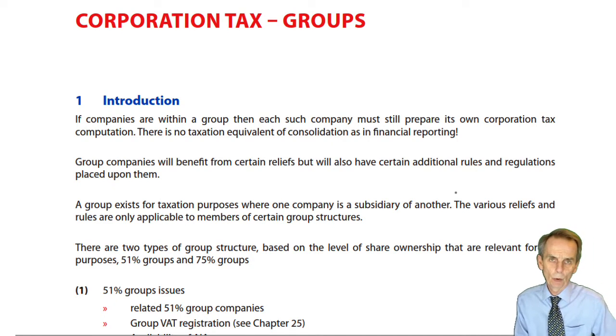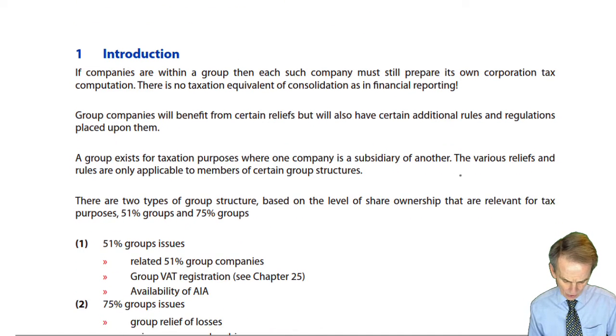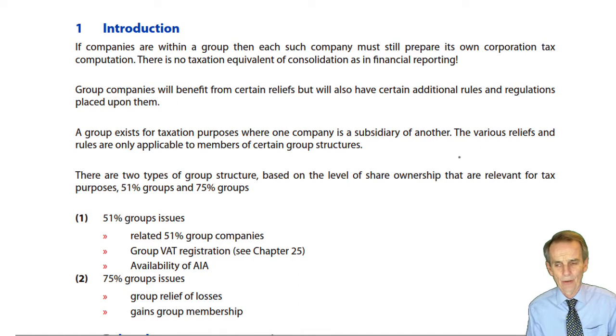And what we've got to explore in this chapter is what are the issues when dealing with that group of companies. First point, as we've made, is we don't have to worry about anything other than preparing for each individual company a normal corporate tax computation.